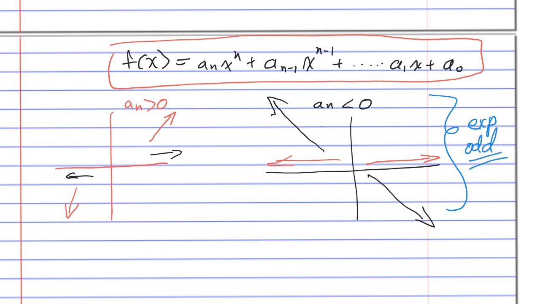So that's what's happening there. An example of this would have been y is equal to x cubed. An example of this would have been y is equal to negative x cubed, where our graph literally does this, and this graph literally does that.